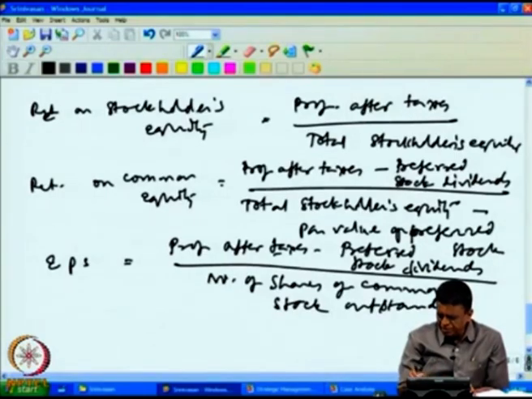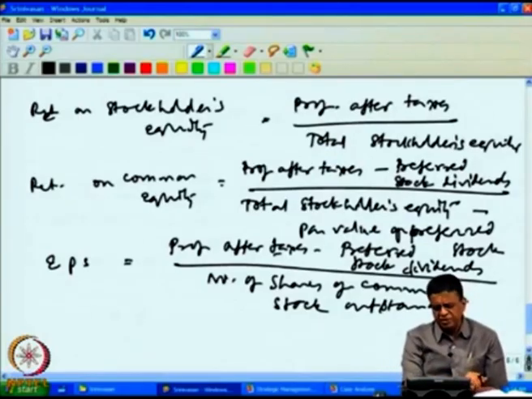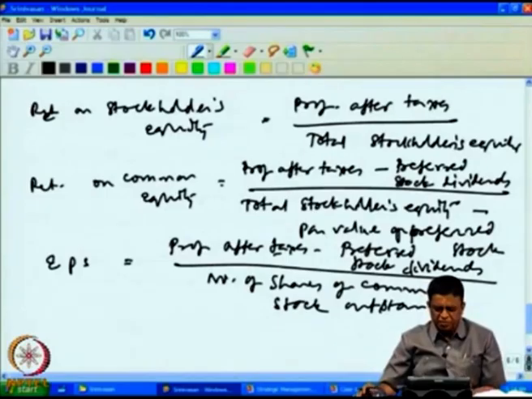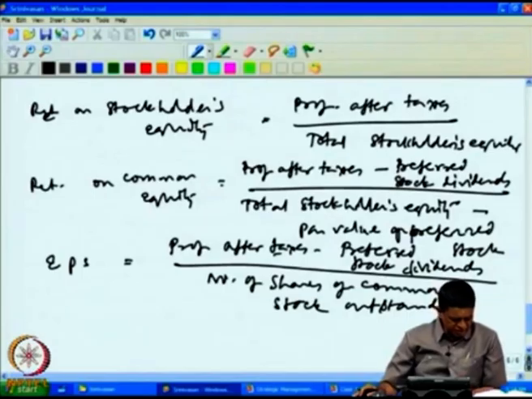I gave you the example in the last calculation. These 10 are the owners of preferred stock, and say 100 people hold equity, in a hypothetical case 100 shares, one share each, which is not really true. After paying taxes, the earnings per share, what does it tell you? It shows the earnings available to the owners of the common stock.